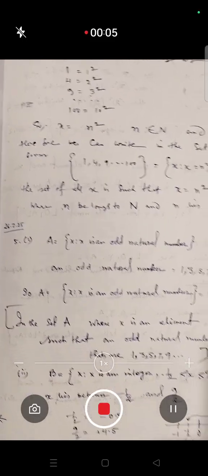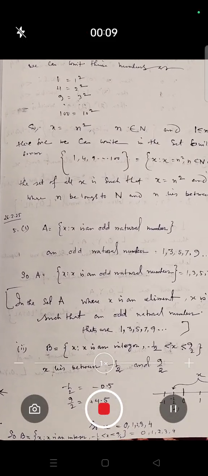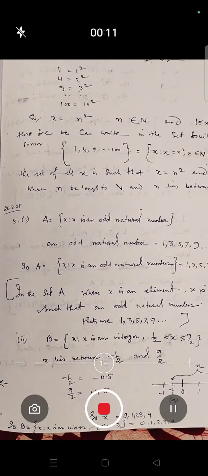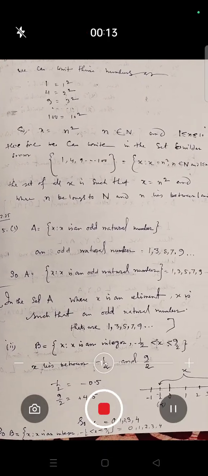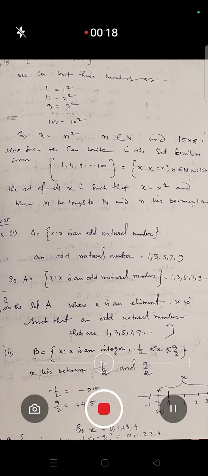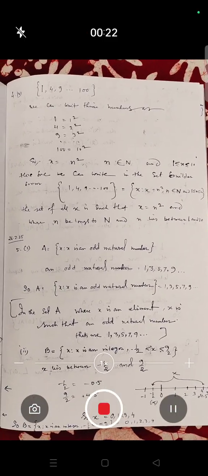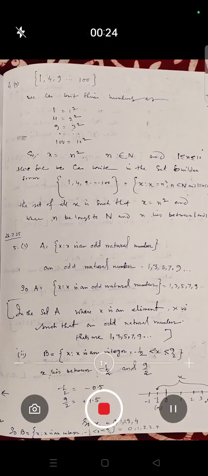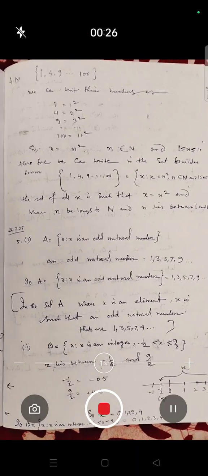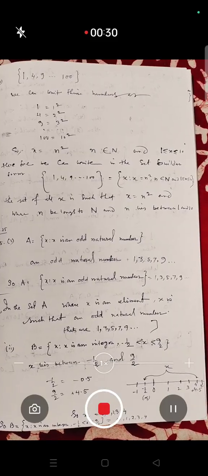Number 5, part 1. A is a set where x is an element and x is such that x is an odd natural number. So the odd natural numbers are 1, 3, 5, 9, and so on.